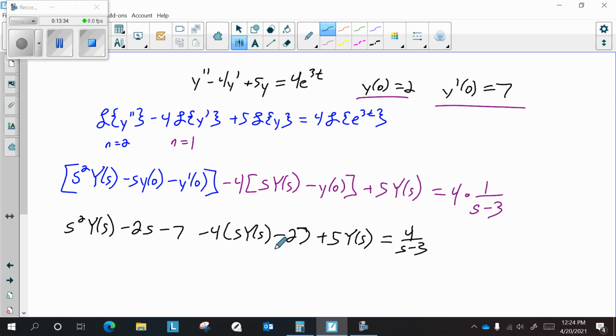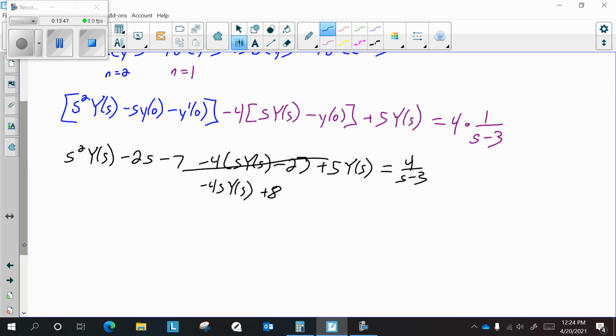So let's get rid of these parentheses here. That's going to make this a minus 4s times Y minus 4 times minus 2. That's going to make that a plus 8. So let's collect like terms, and then everything that doesn't have a Y of s, move it to the right side. So we have a s squared that has a Y of s.